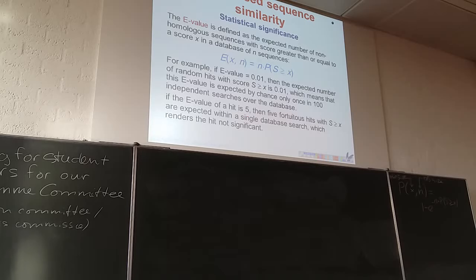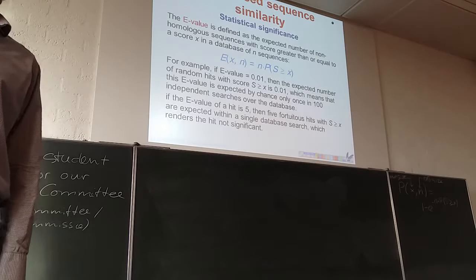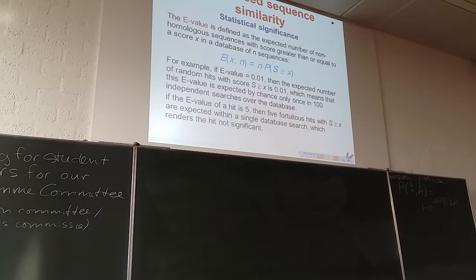Then if the e-value is 5, that means for a single database search, we already expect to find 5 hits with a score of X or higher. Which means that this hit is actually not significant. Although if it's your only hit, you might still be happy with it, but you have to be careful then. So it's not obviously a good one, let's put it that way.